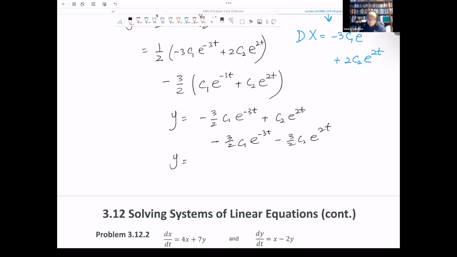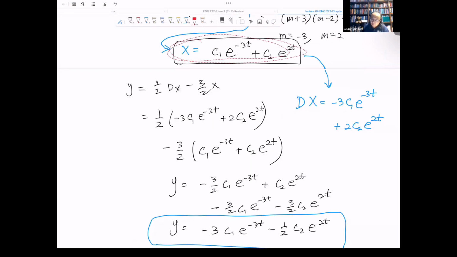So negative 3 over 2 C1 minus 3 over 2 C1, we have negative 3 C1 e to the negative 3t, and 2 over 2 minus 3 over 2, so minus 1 over 2 C2 e to the 2t. These are the two solutions.